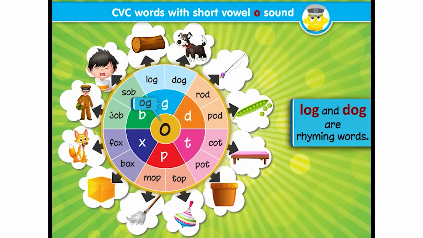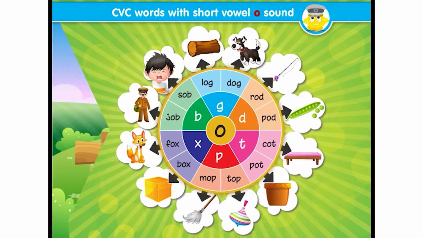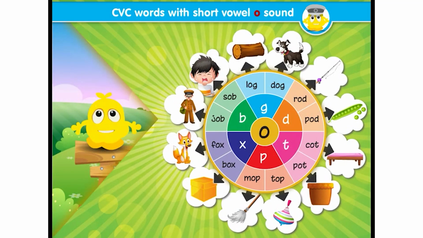Log and dog are rhyming words. Here the vowel is pronounced a little faster, so it is called short vowel sound. It's time to repeat the words with short vowel O sound.